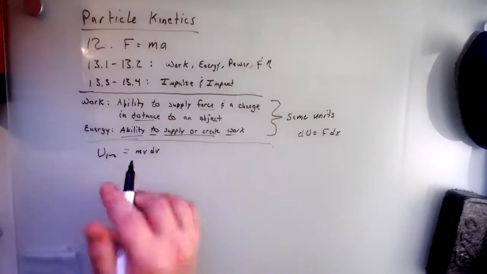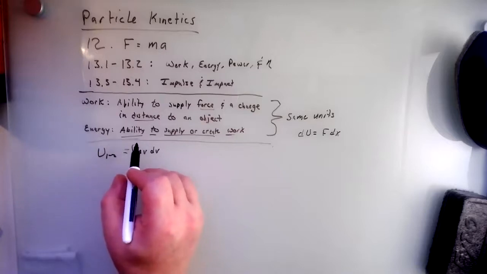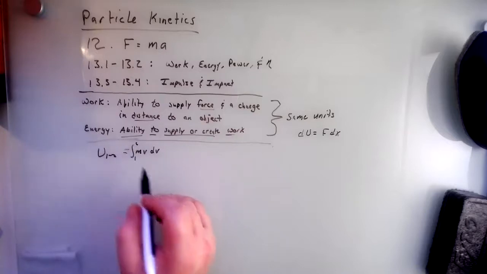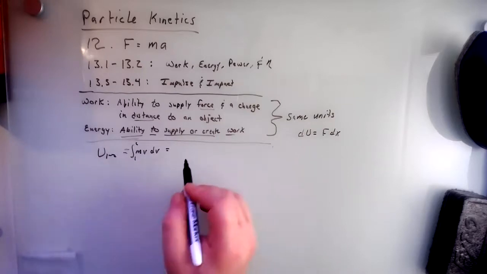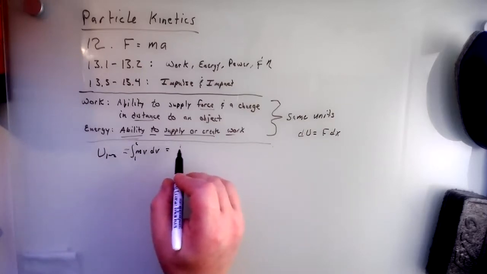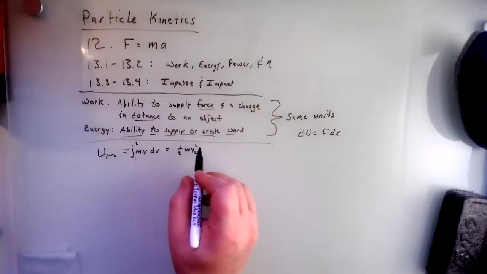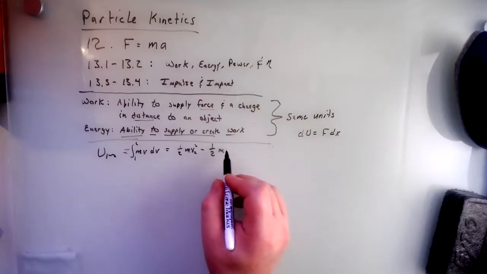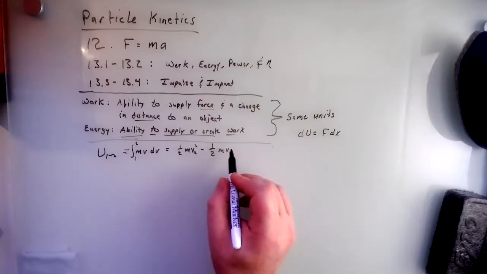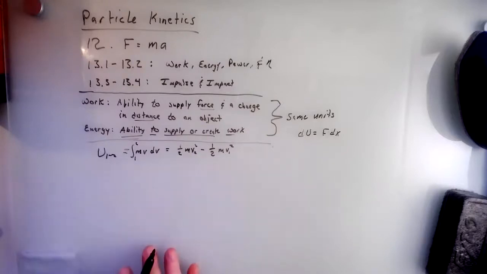So again, this is from position 1 to position 2, and this should look very familiar. So this is 1/2 mv2 squared minus 1/2 mv1 squared. This is kinetic energy, right?